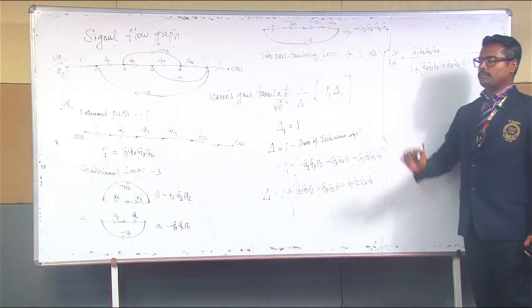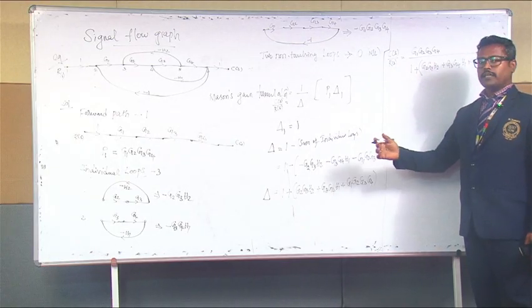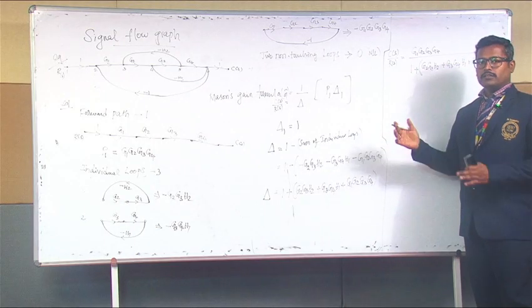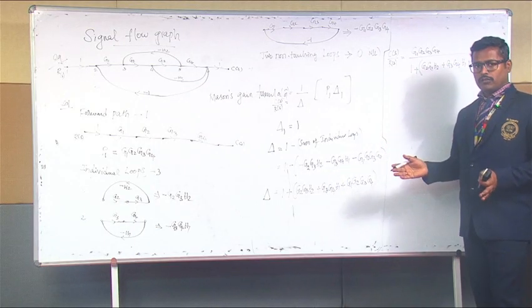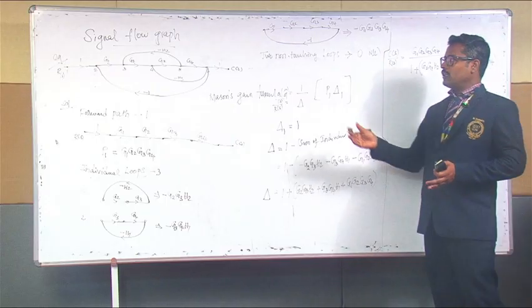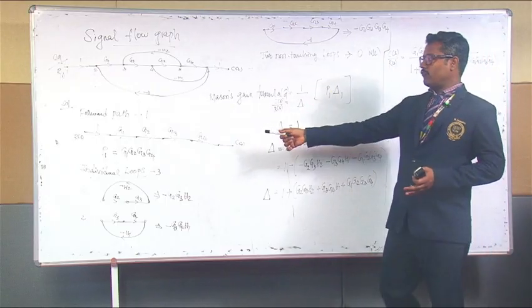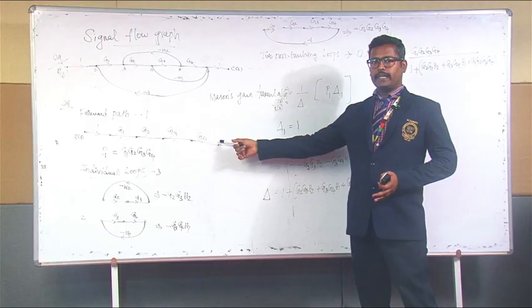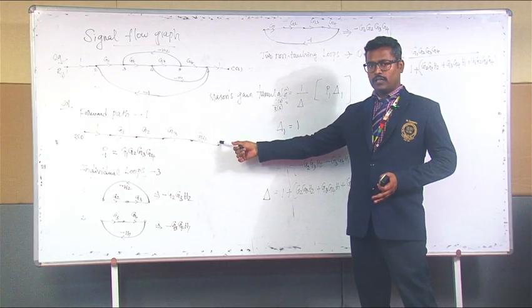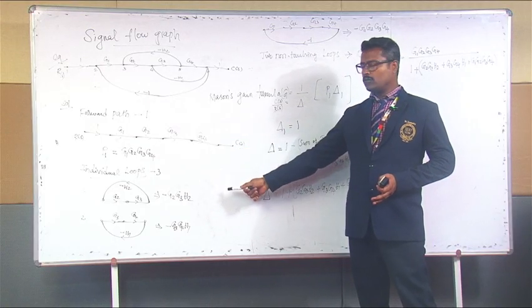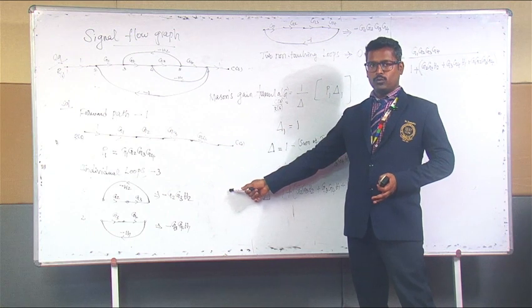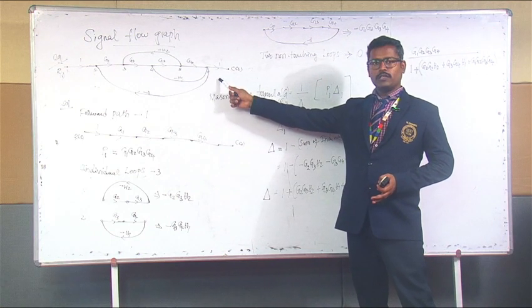In the same way, if any signal flow graph is given in the questions, you can easily convert it. You have to identify the number of forward paths correctly. Then after finding the forward paths, you have to find the number of individual loops present in the signal flow graph.